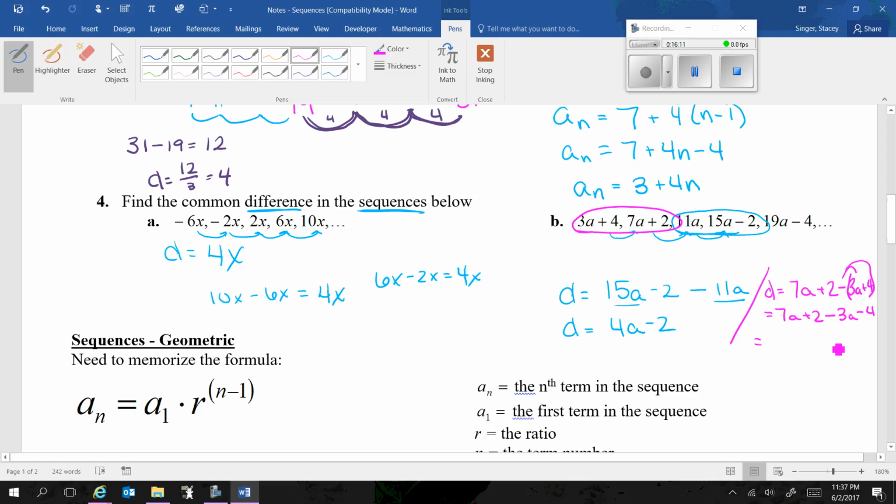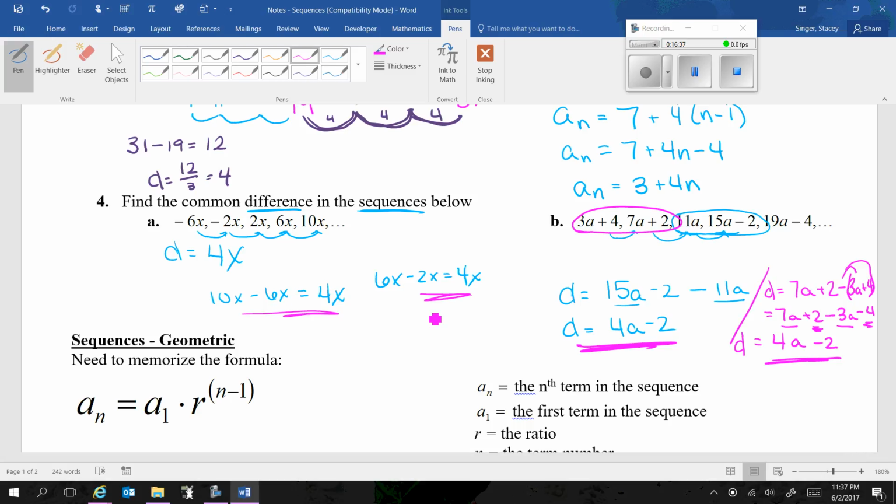So if I combine like terms, 7a minus 3a gives me 4a, and then 2 minus 4 gives me negative 2. So I know my difference is 4a minus 2, which I double checked for both problems.